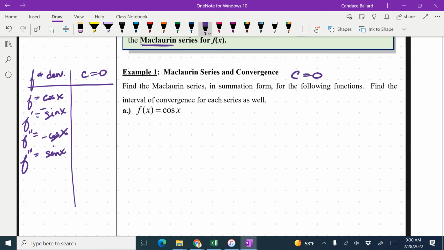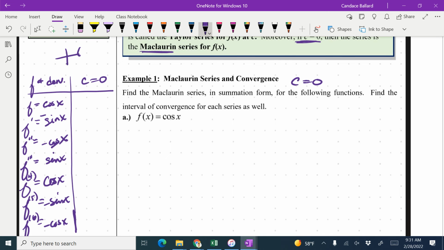So I'm going to go to like the 6th derivative, it looks like. So 4th derivative, I'm going to write it like that. What's the derivative of sine? Cosine x, good. 5th derivative is going to be negative sine x, and then the 6th derivative is going to be good.